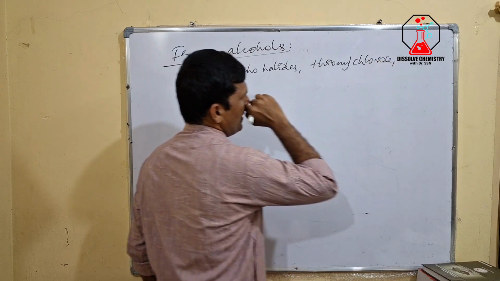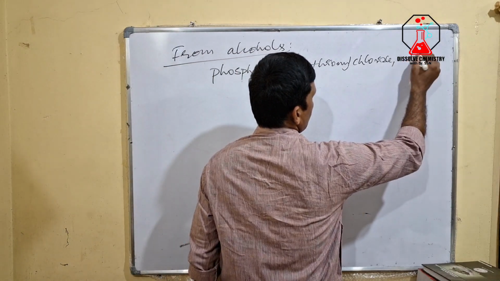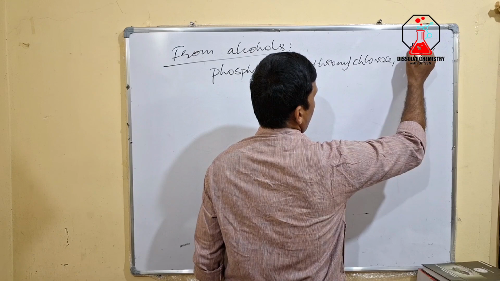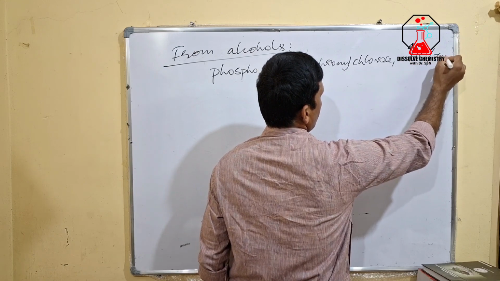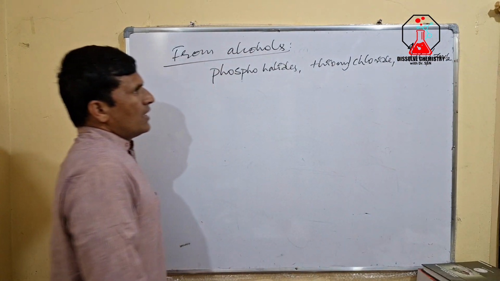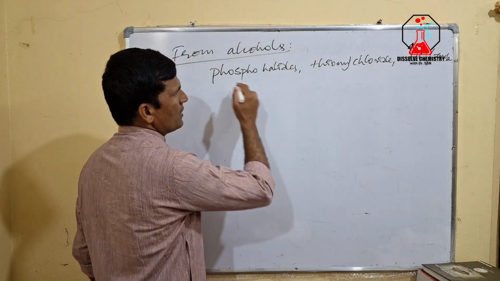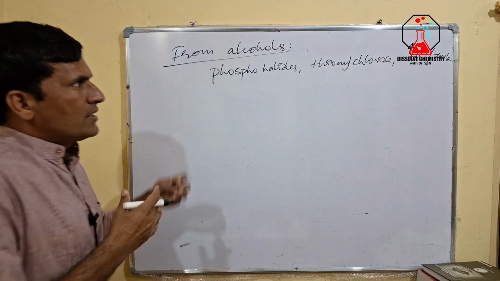And we can use HCl, the dry gas. We can use HCl gas with zinc chloride as catalyst. So we can use thionyl chloride, phosphorus halides, then HCl. These are the three.